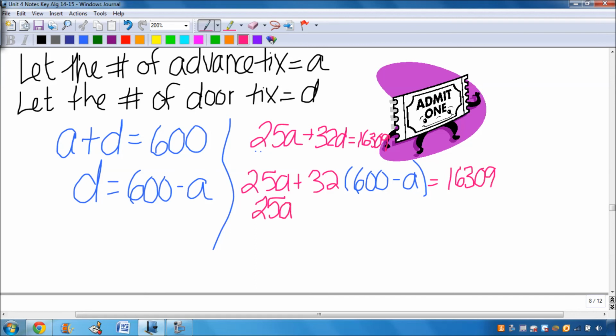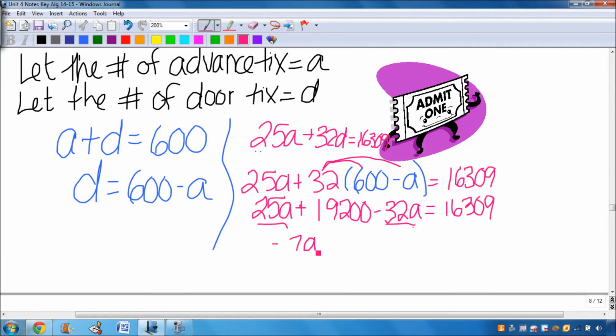So 25A plus, when you distribute the 32 to the 600, you end up getting 19,200 minus 32A equals 16,309. Okay? Combine your like terms, you end up getting negative 7A plus 19,200 equals 16,309.